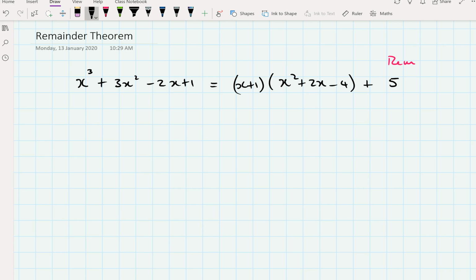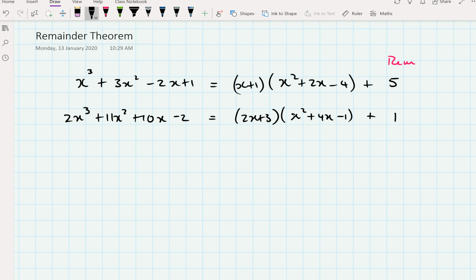The second one that we did was 2x cubed plus 11x squared plus 10x minus 2. We divided that by 2x plus 3, and that gave us an expression that looked like this: x squared plus 4x minus 1, and then there was a remainder that was 1.